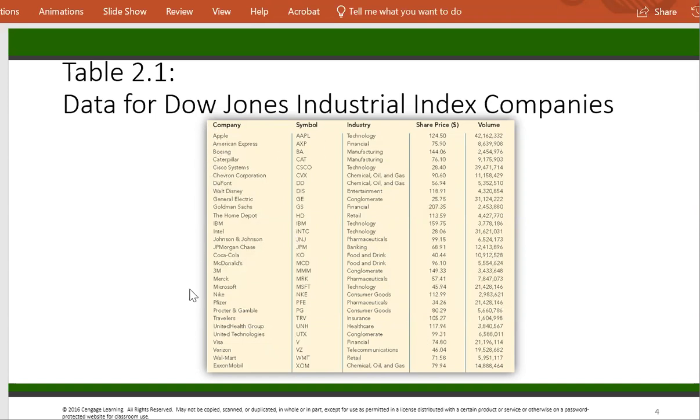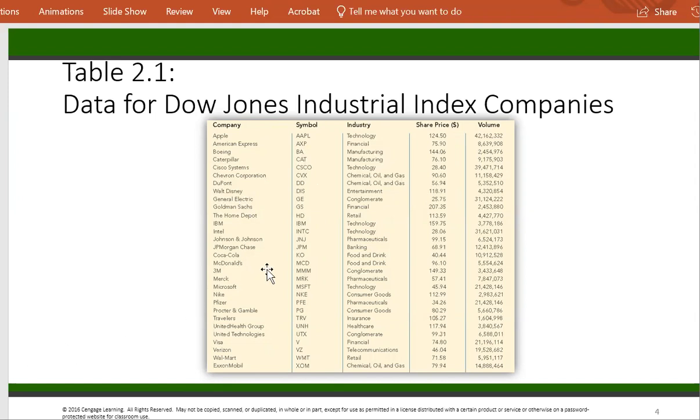So the list of top 30 companies would be a sample of all the US companies. Our population, if you will, can be all US companies. And a small sample of that, only 30 companies, would be a subset. It's called a sample. We have that definition in the next slide.